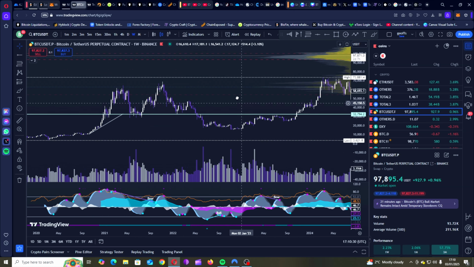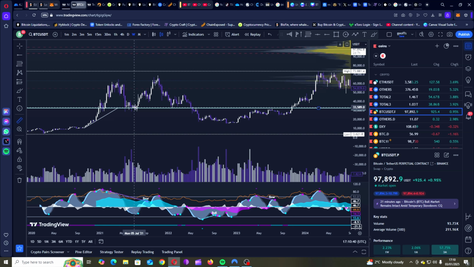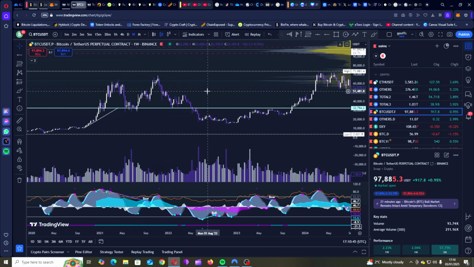If you look from recent price action in 2021, when it came down and broke through, it then did another 100% on top of that. It came back down to it.